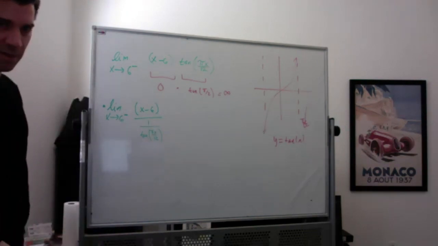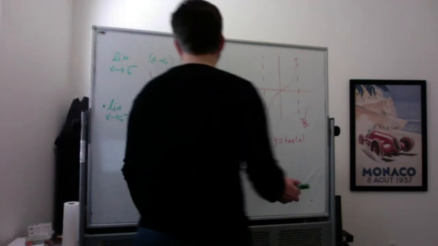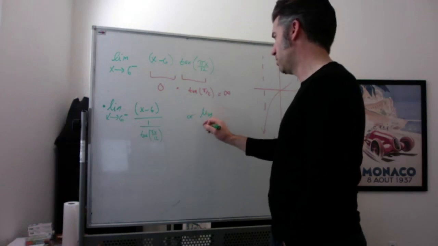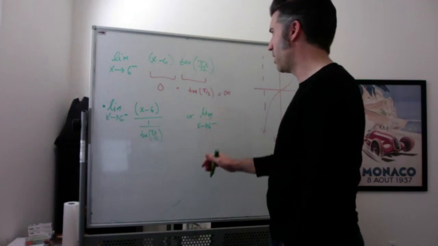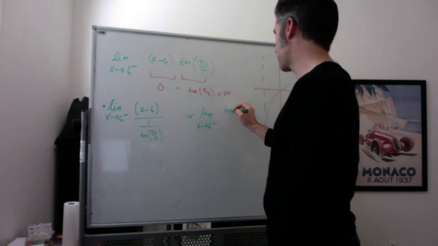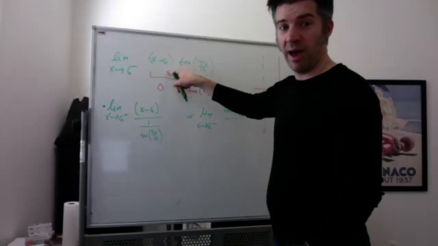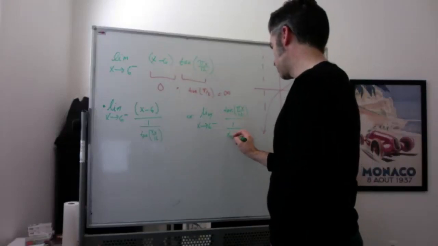That seems like it might be gross. The other option would be the limit as x goes to 6 from the left of tangent of pi x over 12 over the reciprocal of x minus 6, which is 1 over x minus 6.